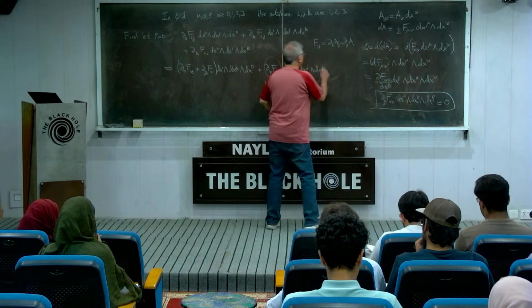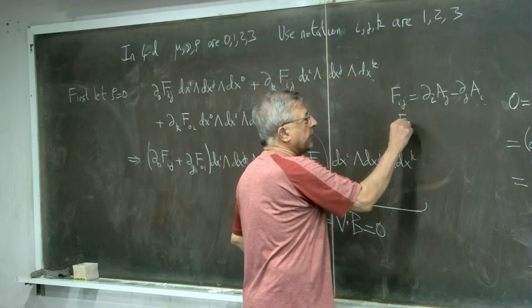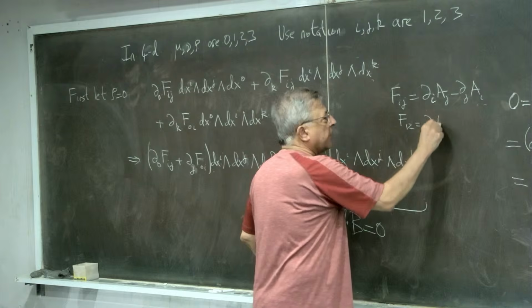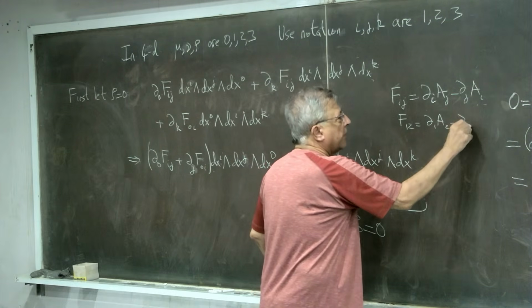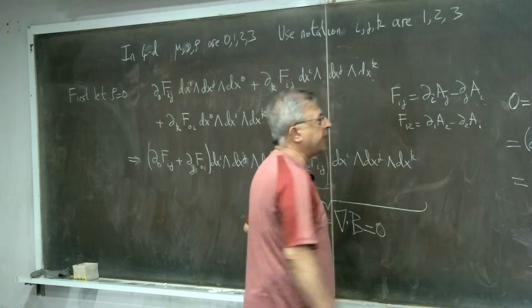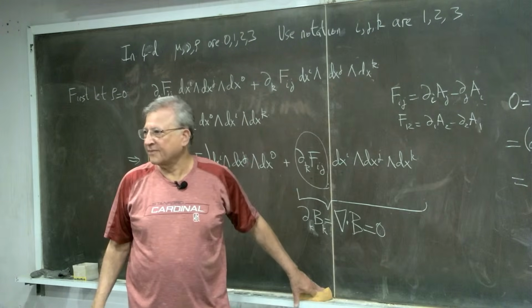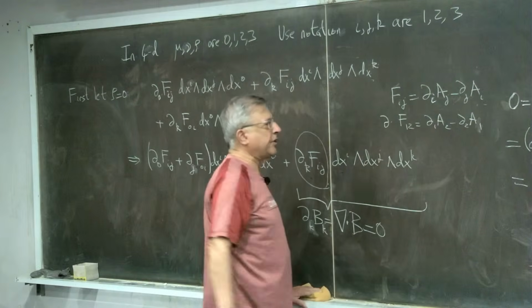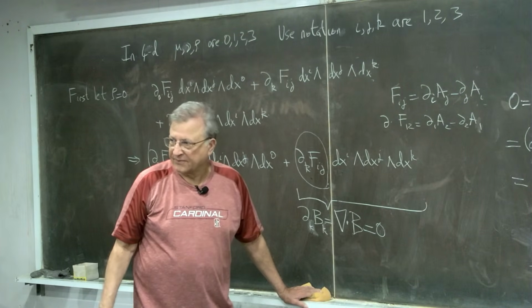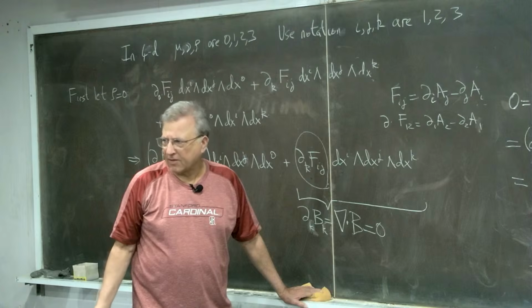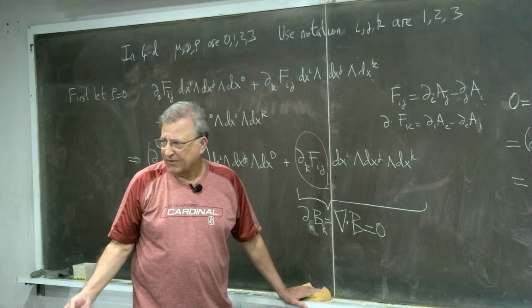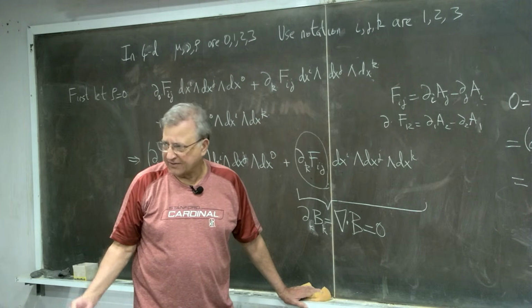So you want me to write F12 as, what do you want me to do next? Apply the dk. Which k? 3 or what else?